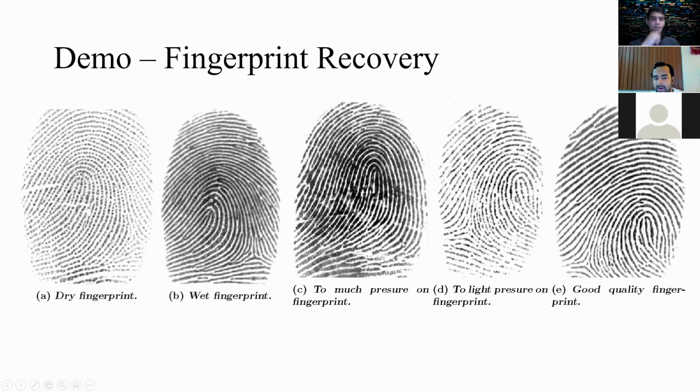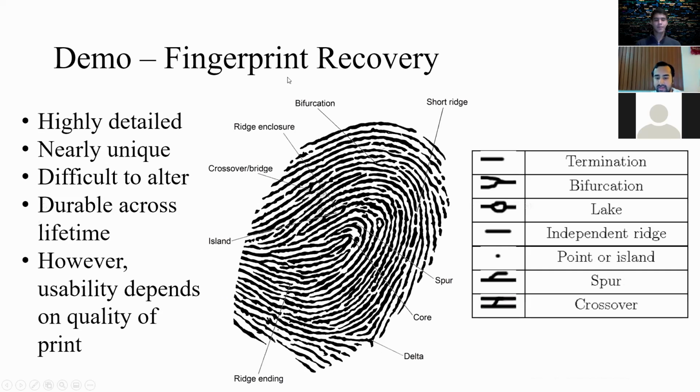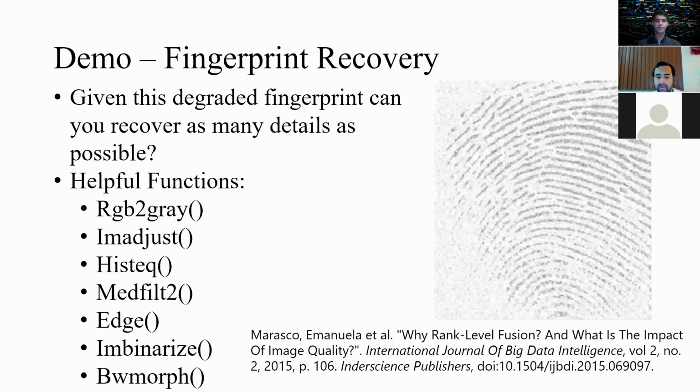So if you can figure out an image processing algorithm that takes any of these and tries to recover the maximum amount of detail in the image such that you can recover all these features, that goes a long way in helping identify if this fingerprint belongs to a certain person. So what are we going to do?